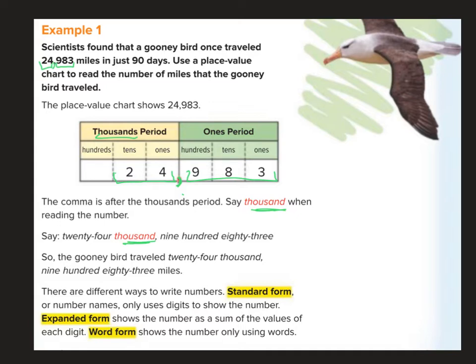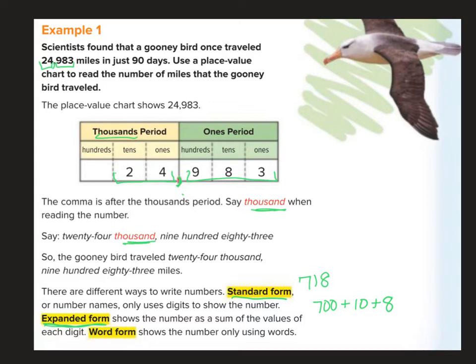There are different ways to write numbers. We've got standard form, which is just using digits, right? So I could say 718. We have expanded form, which I would write as 700 plus 10 plus 8. I take each digit and put its value.